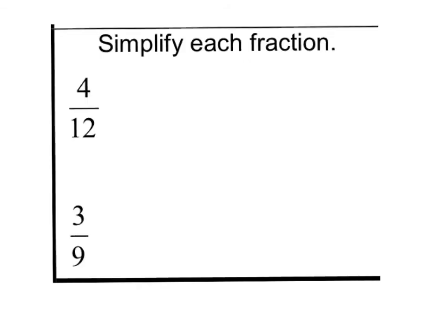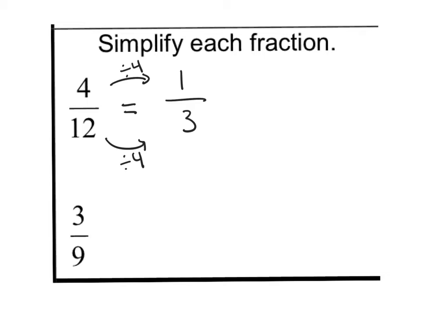Next, we have simplifying fractions. A lot of you were doing this today when we were working on ordering fractions as well. So 4/12. There are several different ways to do 4/12, but I know that 4 will go into both of them. So divide by 4, which will give me 1/3.